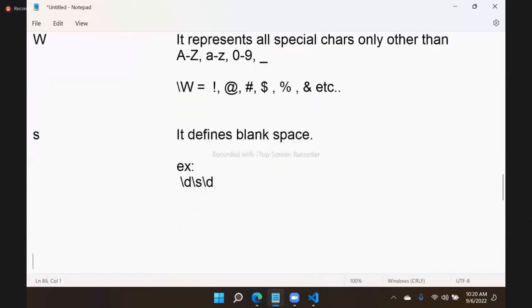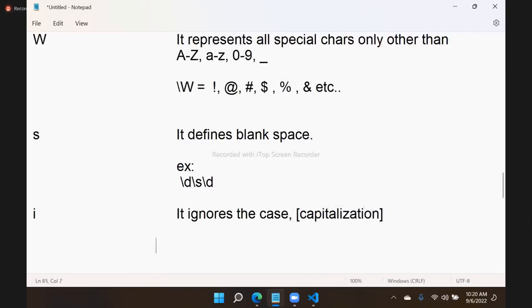There is another option, but we cannot use it now. Later we will use it. The other option is i. It ignores the case, meaning the capitalization.